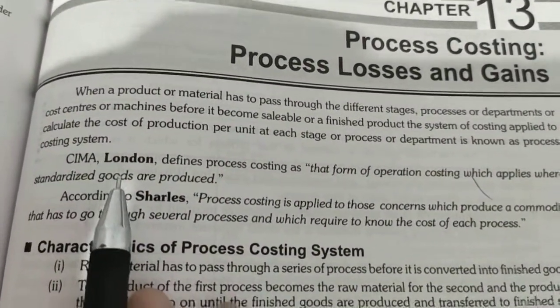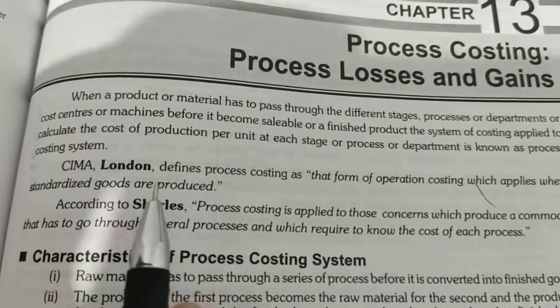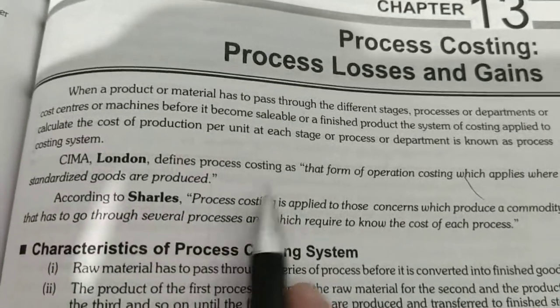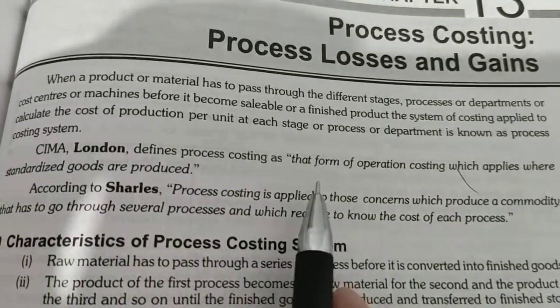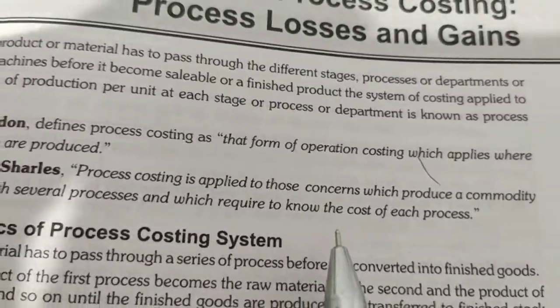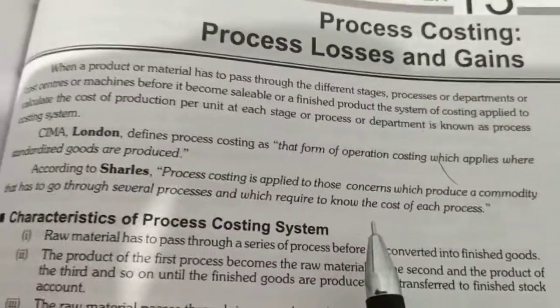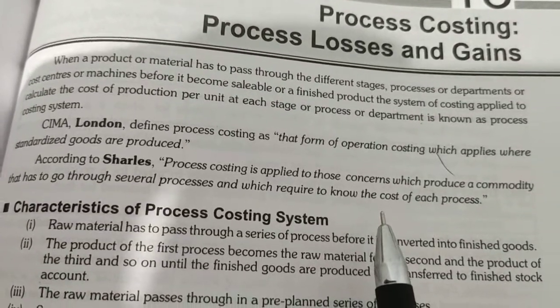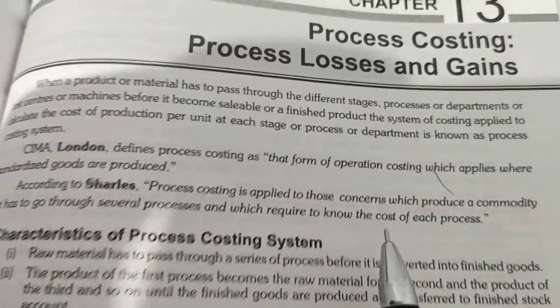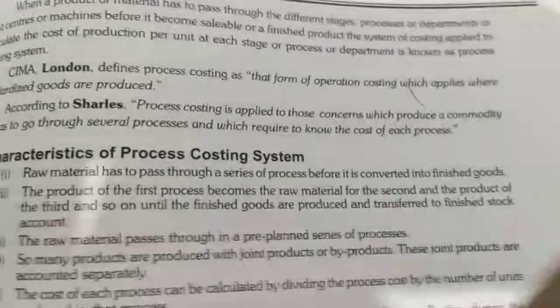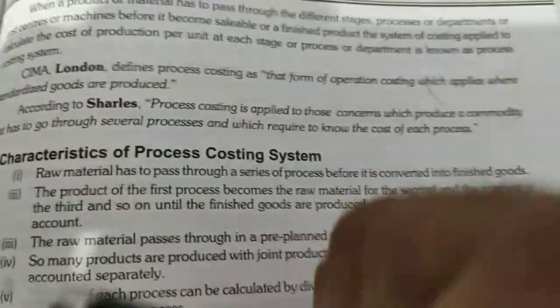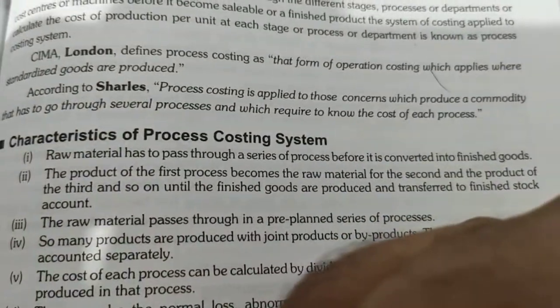CIMA, Chartered Institute of Management Accountants, London, defines process costing as that form of operation costing which applies where standardized goods are produced. That means where standardized products are produced, in that sector we are following process costing.